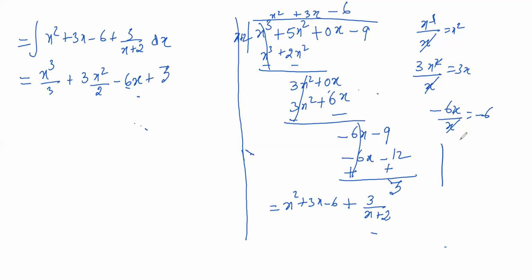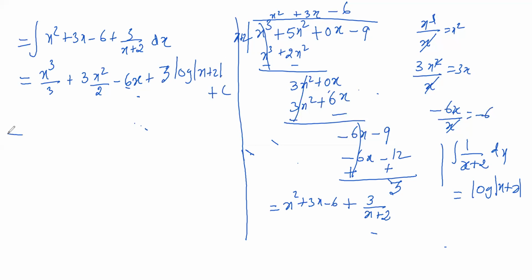See, the integral of 1 by x plus 2 dx, the formula says log of modulus of x plus 2. So 3 into log of modulus of x plus 2 plus c. Thus we have finished example 12.